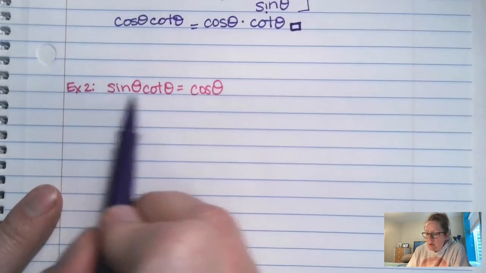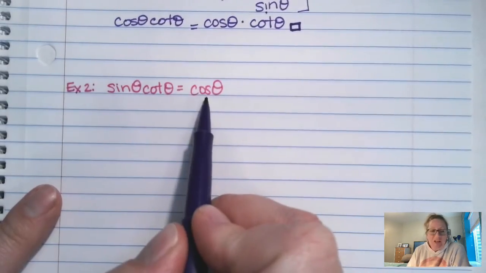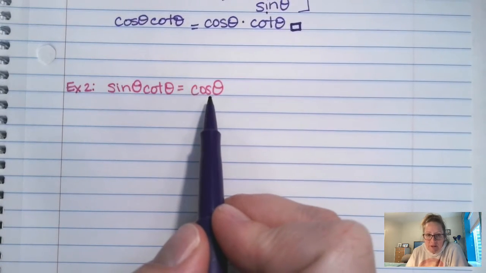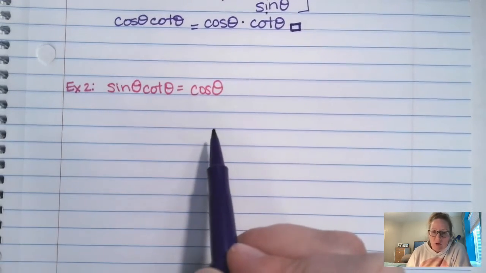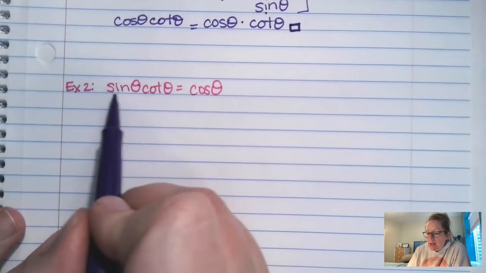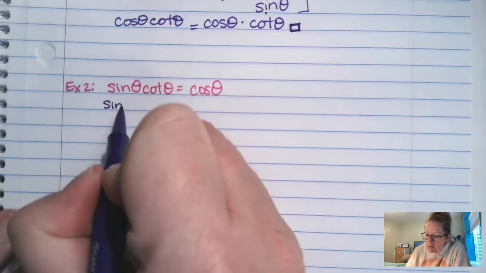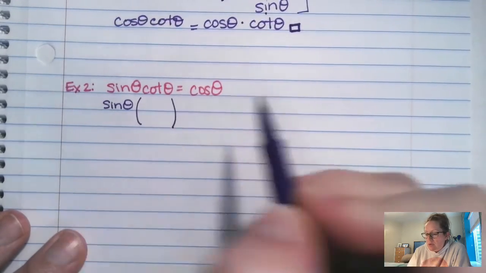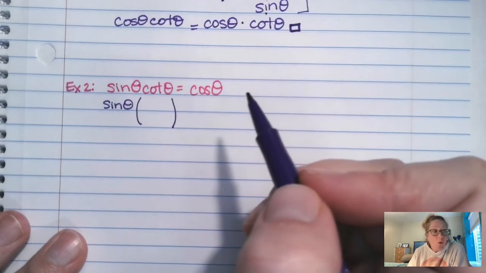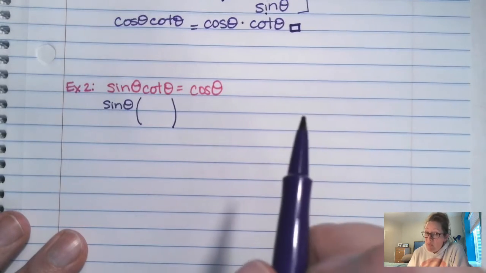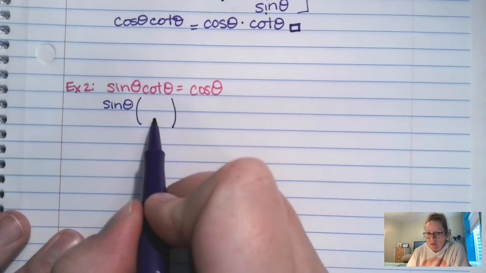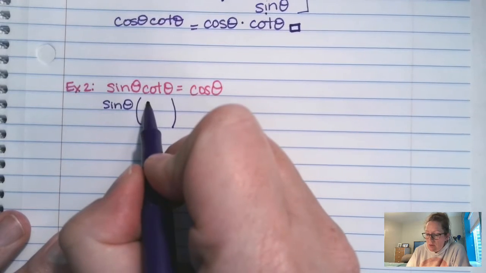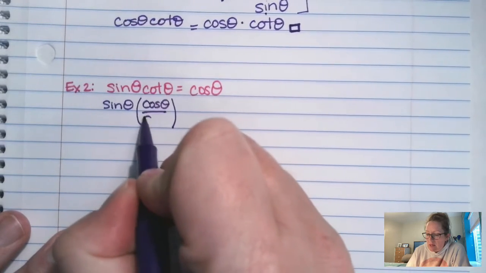Okay, so I think this is the most complicated side, so let's start with that because you can't really do anything with cosine. You could do 1 over secant or whatever, but that doesn't really help us. So let's rewrite this in terms of sines and cosines. Sine theta is sine theta. Cotan theta, if you go up to your quotient identities, is equal to cos theta over sine theta.